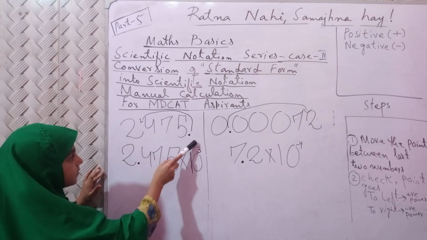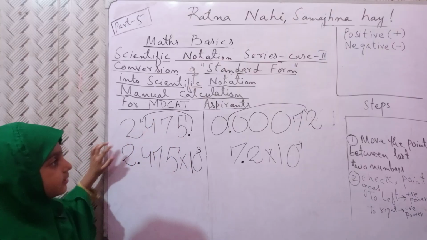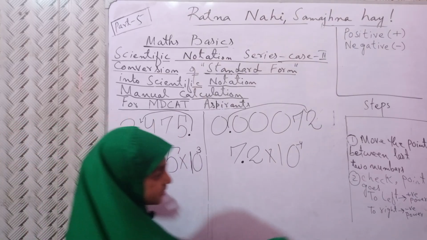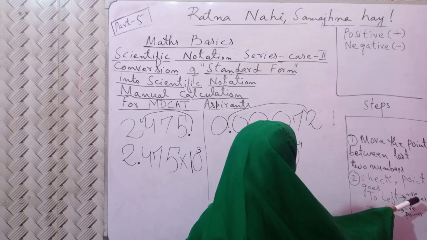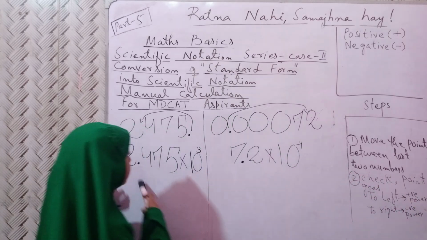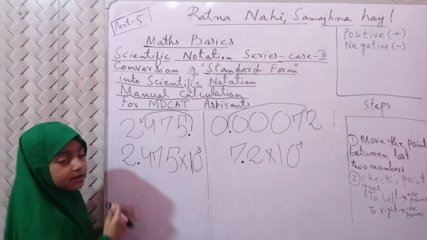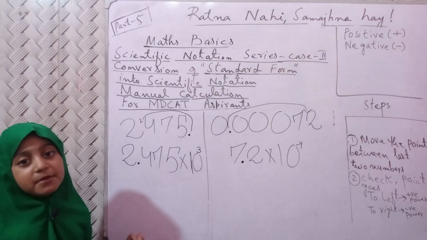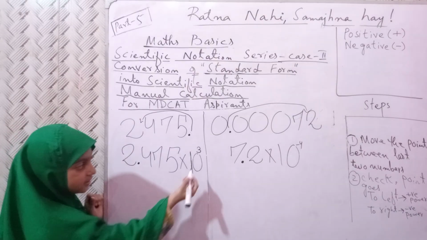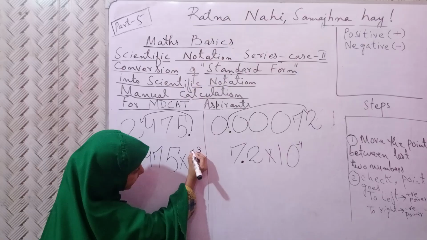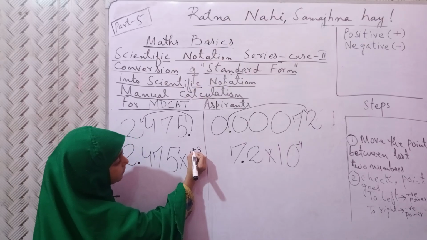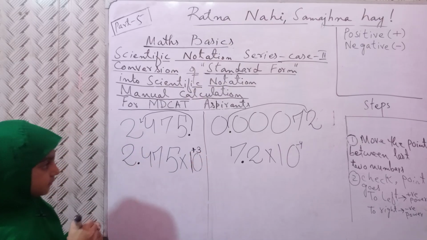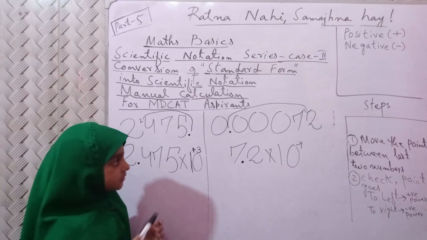Look, now it is coming to left. It means the positive power will become. Okay, I tell you now in the previous video the plus is hidden and there is plus 2 hidden. I am showing it for you. Okay, now come to next.